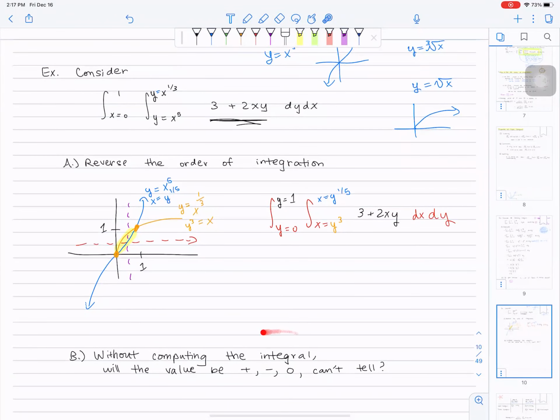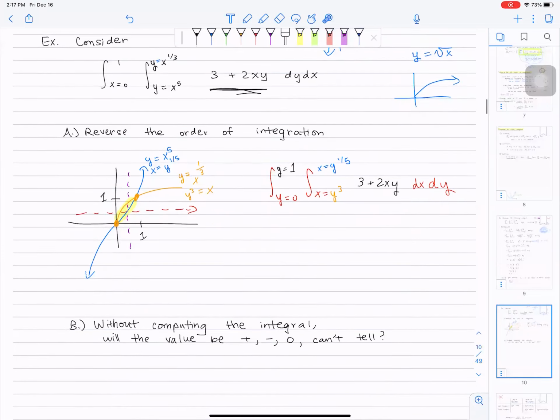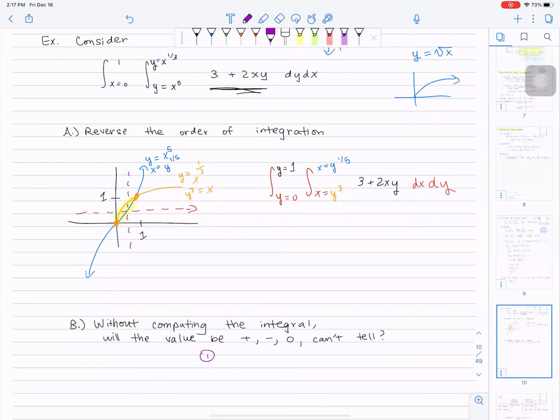Now, without computing this integral, can I guess what it's going to be? Is it going to be positive, negative, or 0? Or can I not tell? So here, what are the two things we have to consider? In the last example, we considered what the integrand is doing and what the bounds are doing. So let's first look at our integrand, 3 plus 2xy.